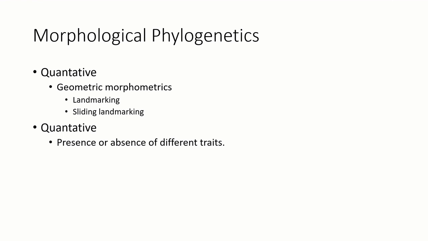So the next method for getting data for phylogenetics to compare different species is, I've put in quantitative twice. I mean qualitative, and I'm not going to edit that because it takes too much time. But this is the presence or absence or change of different traits.